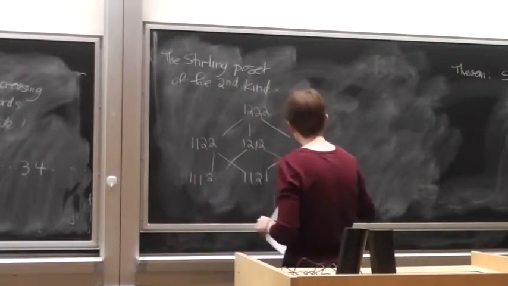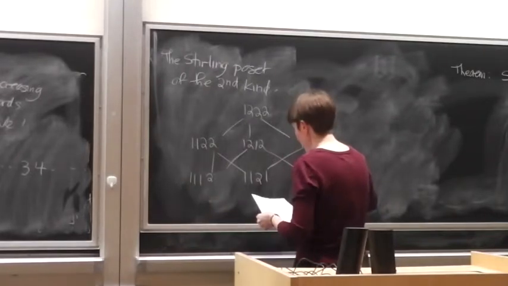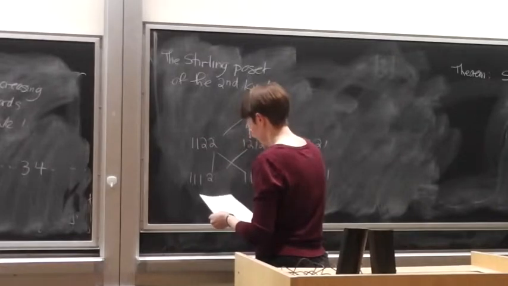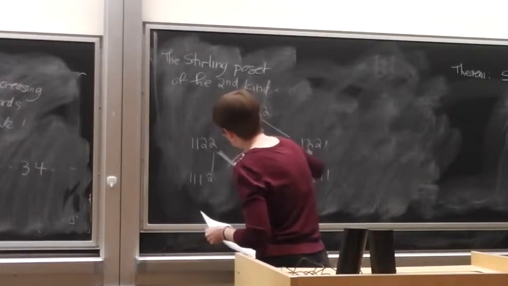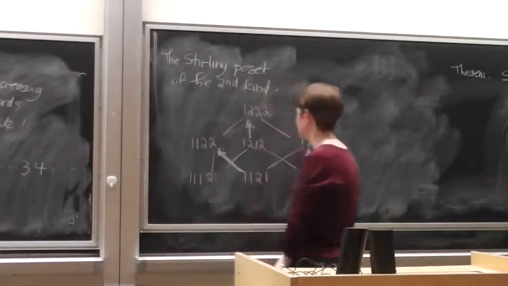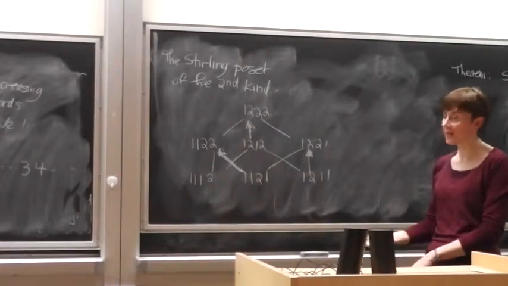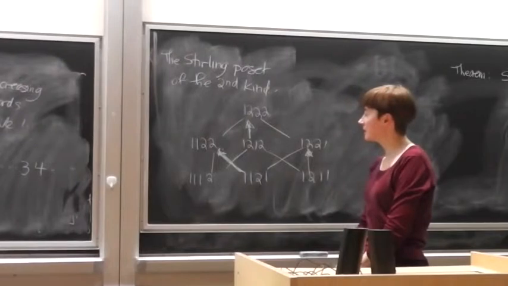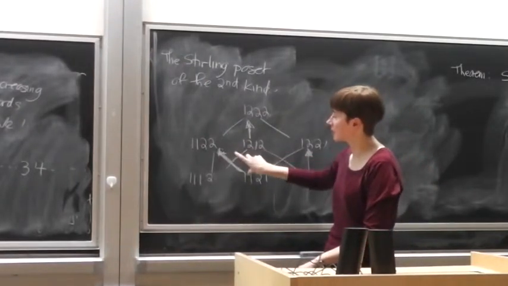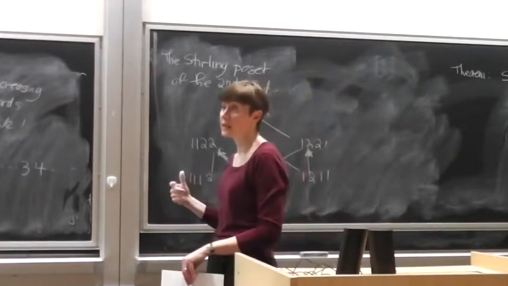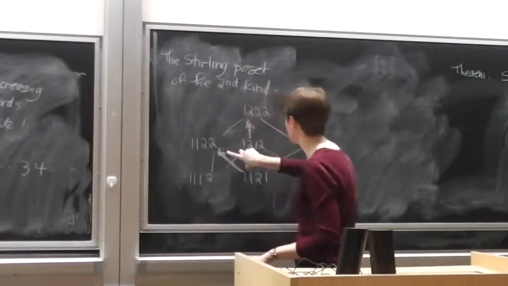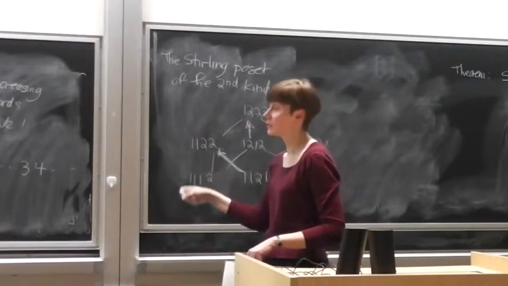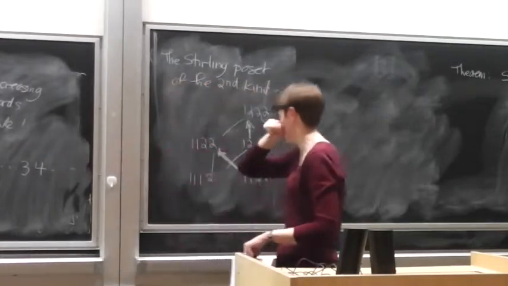And in fact, I actually have a matching here too. If I had colored chalk, I would have done this, but I hate colored chalk. These arrows, if I had time, I would say something about how these elements are matched. But this is actually the matching that goes on when you set q to be minus 1. Things will go away, and then this is your fixed point when you set q to be minus 1 in the original Stirling number.